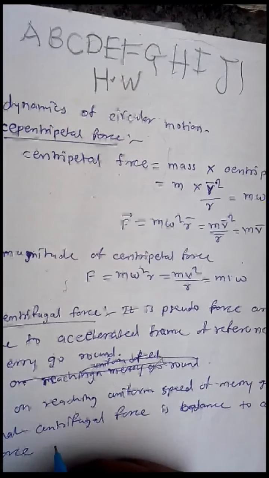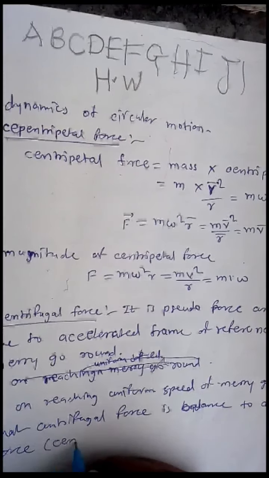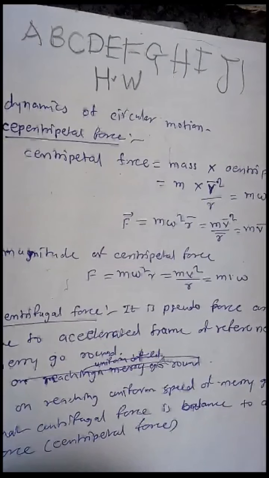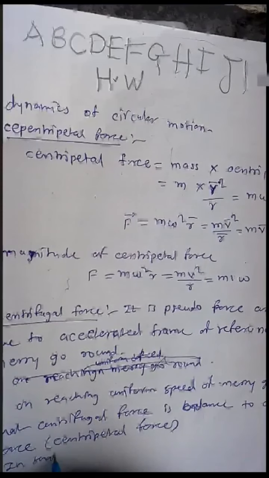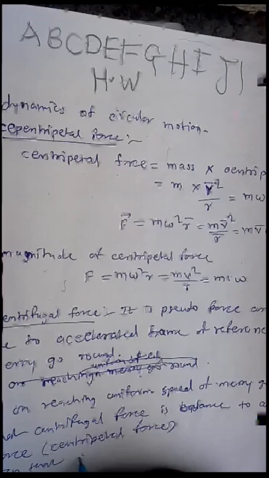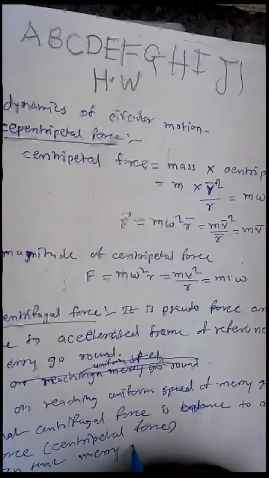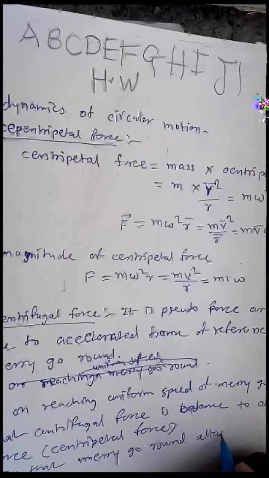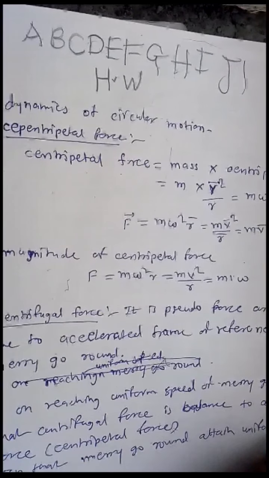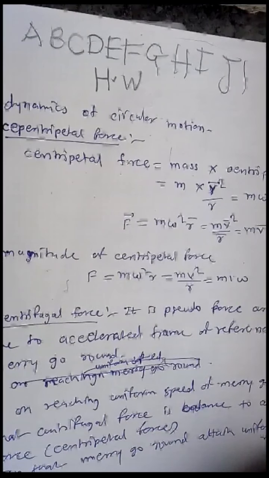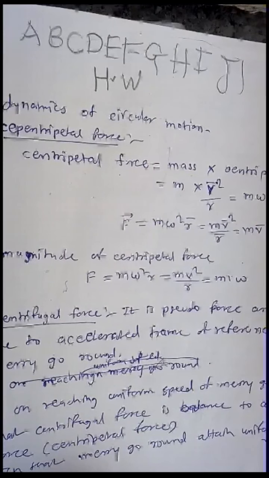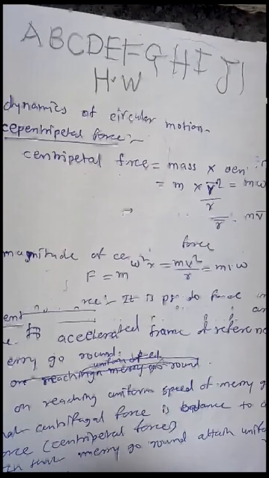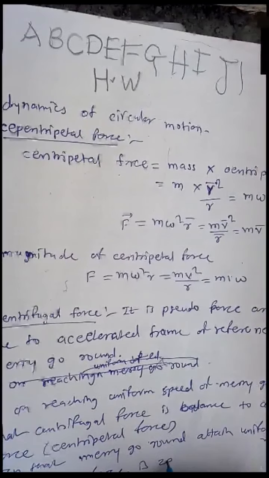We know that the real force is the centripetal force. So when the merry-go-round attains uniform speed, uniform motion, the total net force is 0.